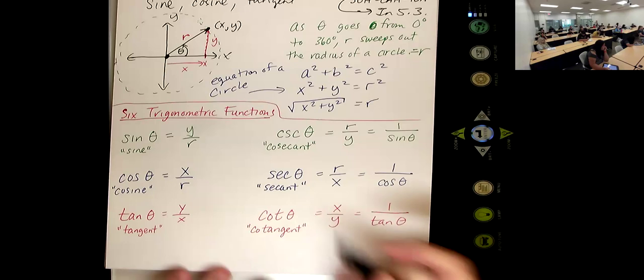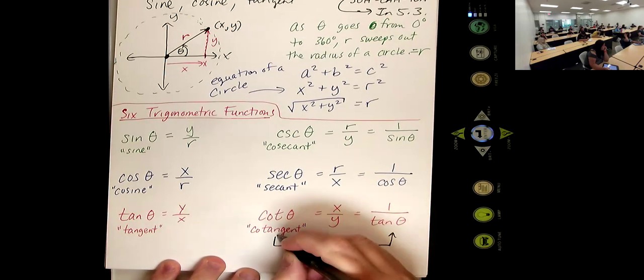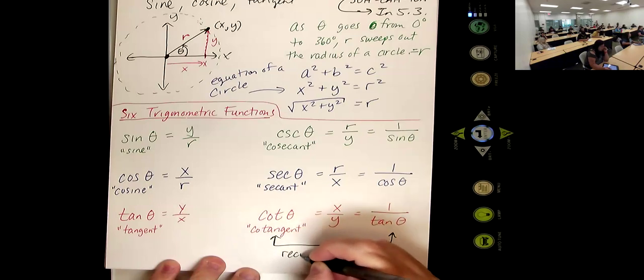So these three right here, connecting this and this, these are called the reciprocal identities.